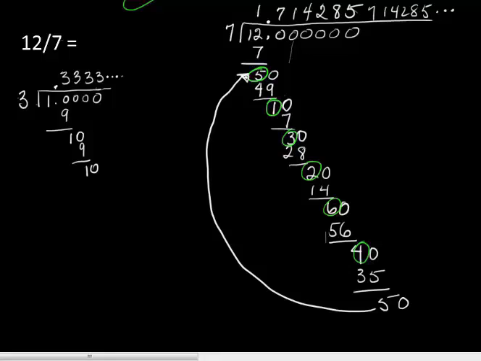And I knew that if 7 was my denominator, it would repeat after 1, 2, 3, 4, 5, or 6 divisions. So our answer is 12 sevenths is equal to 1.714285 repeating. Now, most of the time, you'll be able to tell this using your calculator, but I want you to be able to go through a couple of examples like this so that you really see what's happening.